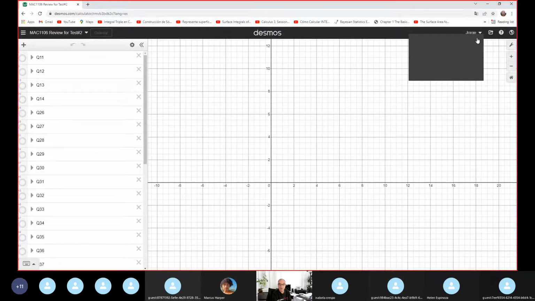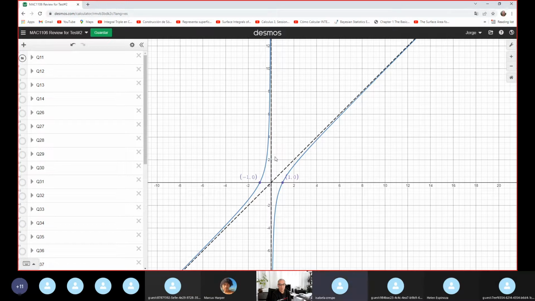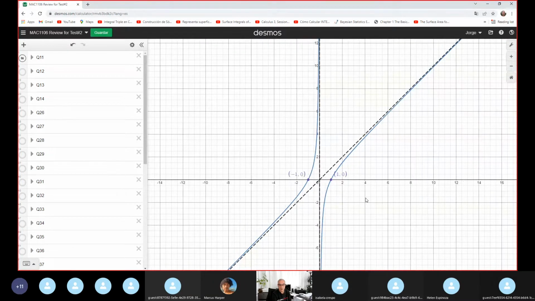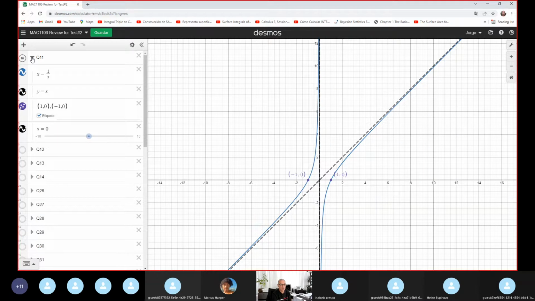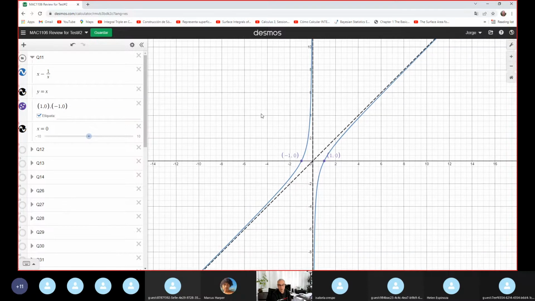Do you see decimals? Yes. Okay, I did the graph. The most important is, look. This is my slant asymptote, flashing. This is my vertical asymptote, flashing. I forgot. Well, I plot only the x-intercept.